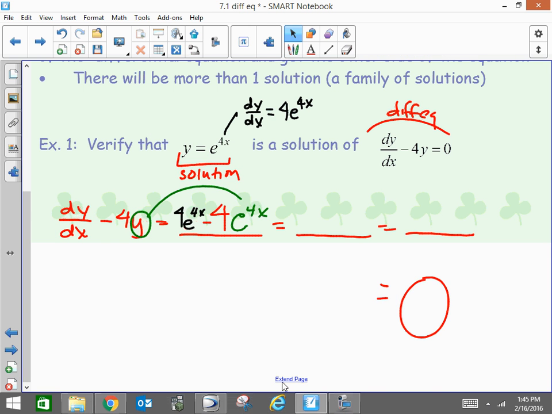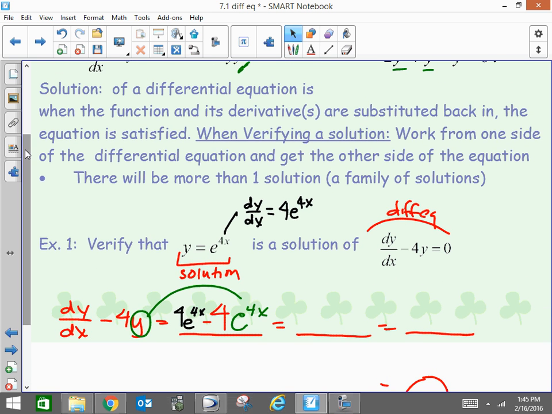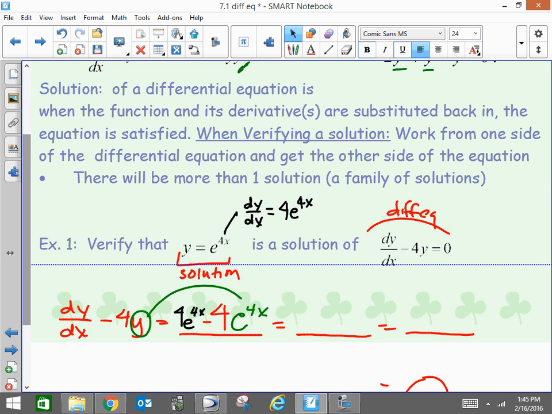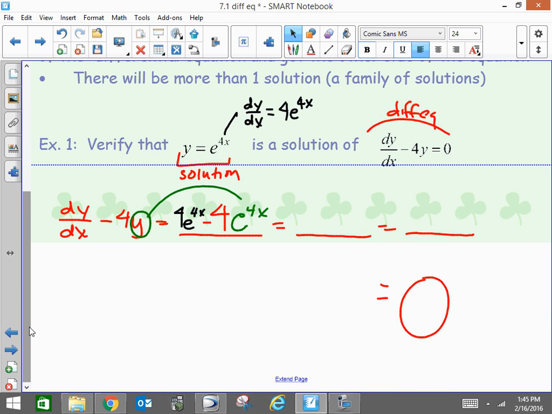Just when verifying the solution, work from one side, we're going to put the function and its derivative back in and see that, oh yeah, that definitely is going to equal 0. So I put dy dx in right there. Minus 4, I put y in the green. Now 4e to the 4x minus 4e to the 4x is 0.